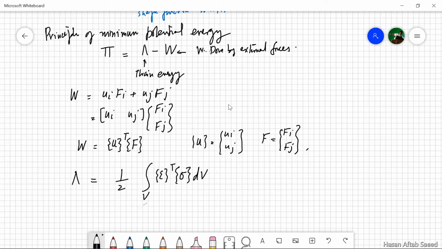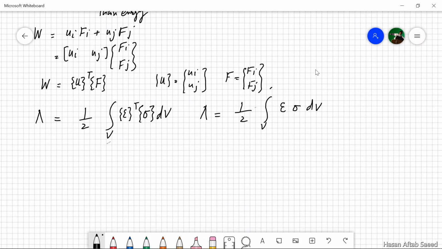There's only one non-zero value of sigma. So we can write this lambda simply with epsilon and sigma as numbers, because there is just one non-zero component of stress in this case.